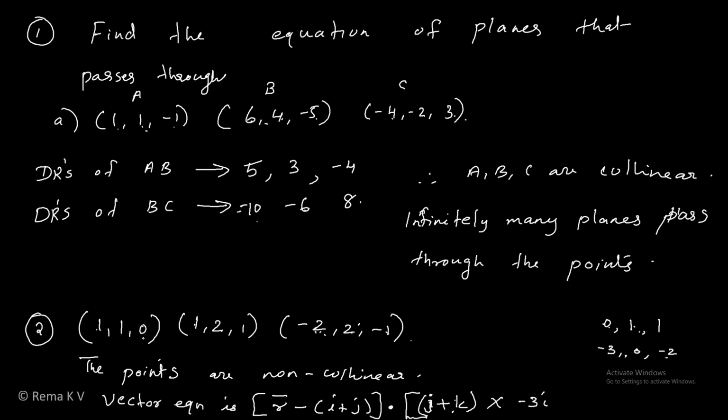Then 2 minus 1, which is plus j. Then minus 1 minus 0, which is minus k, equal to 0. This is the vector equation. r minus vector a dot b minus vector a cross c minus vector a is equal to 0.